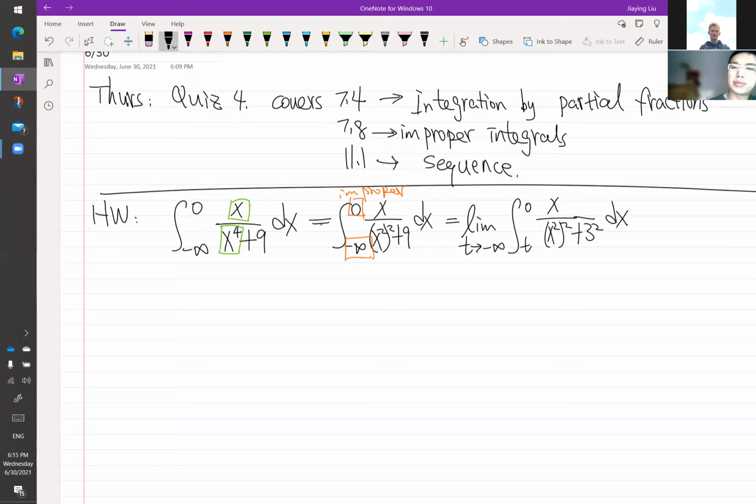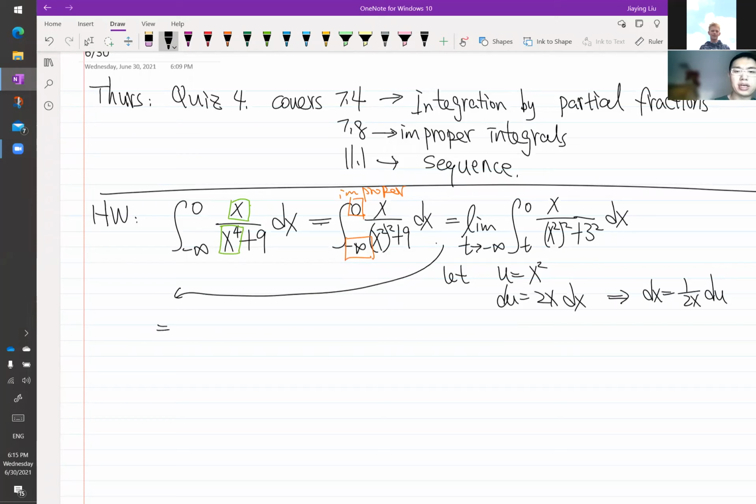So the next step is I'm going to let u be x squared using substitution. du equals 2x dx. Here you can solve for dx, which is 1 over 2x du. Substitute into the integral. So from here, I'm going to begin on the next line on the left.